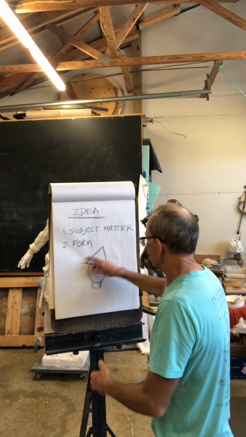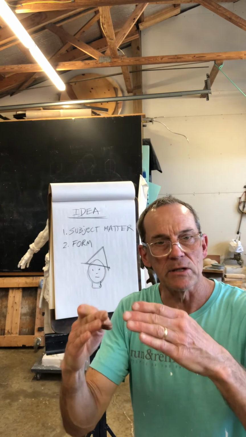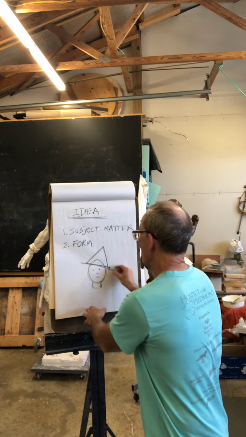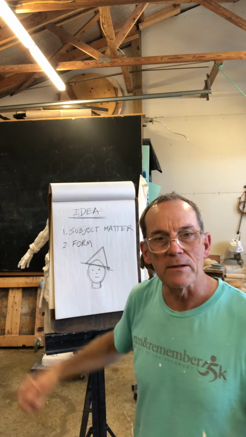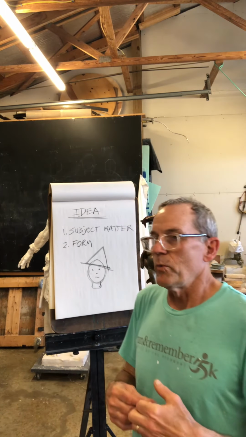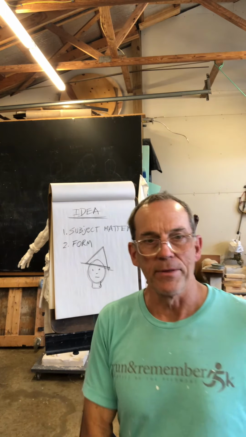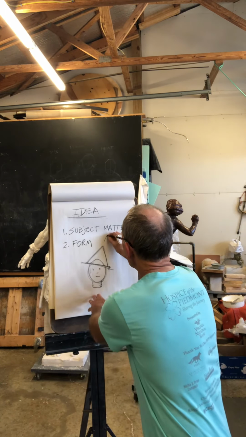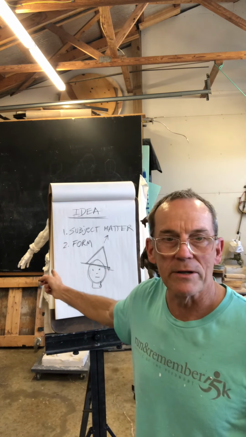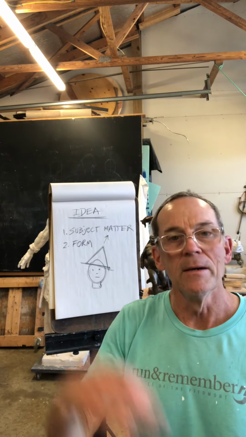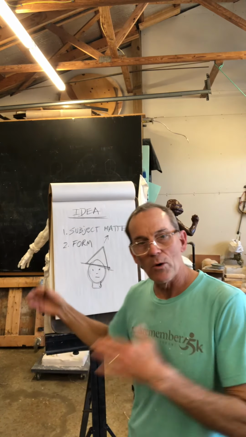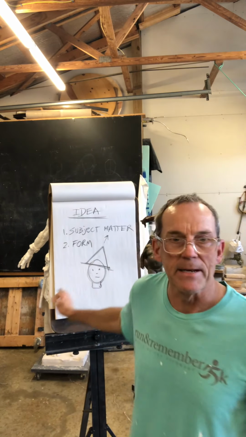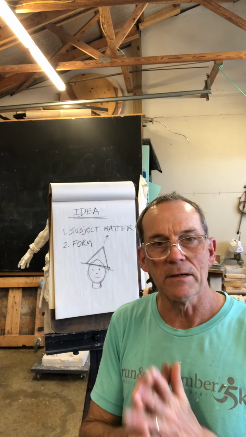It's a pointing shape, it goes from wide to slim, and so it points us in a particular direction in a very strong way. And as an artist, we want to be aware of that, so we can use that. We don't want to just draw things without thinking about the graphic consequences of it. So if I've got a triangular hat, I want to realize that that's going to be pointing me very strongly in that direction, and that could be part of some bigger rhythm that I'm trying to create. Or if I don't like that directional shape, I can take steps to mitigate the intensity of that triangular shape.